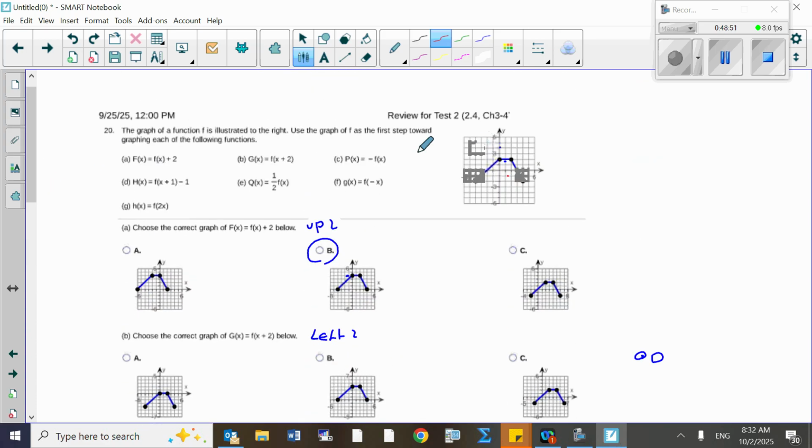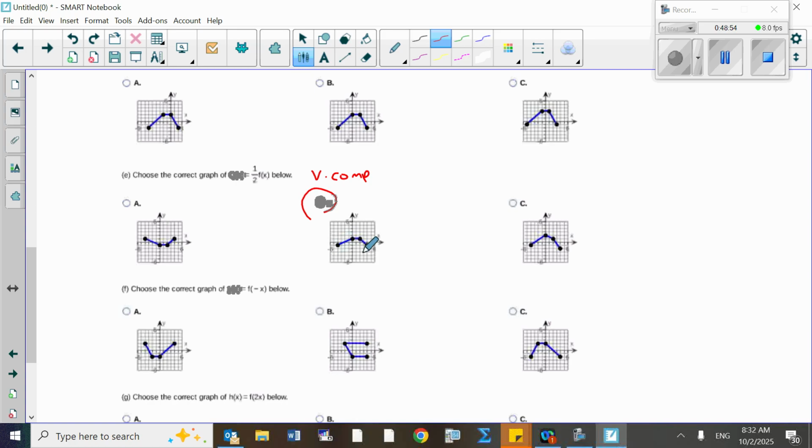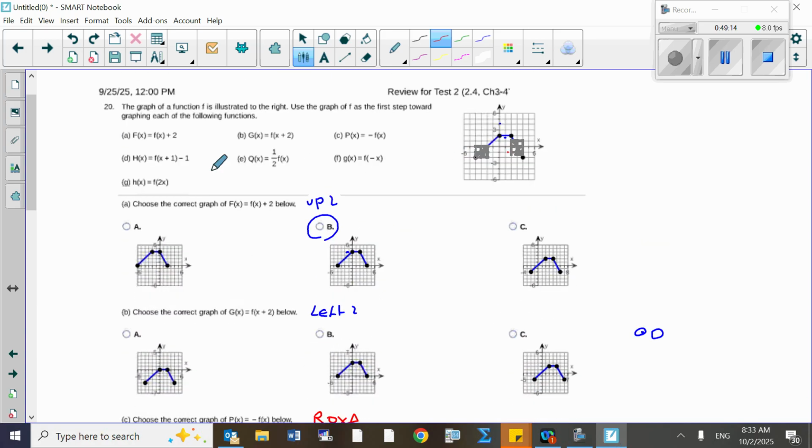Over here, this graph is half as tall and also 2 times wider. So this is a vertical compression. And this one is negative f of negative x. This is a reflection over the y-axis. So as you see, this one seems to be a reflection over the y-axis of this function.